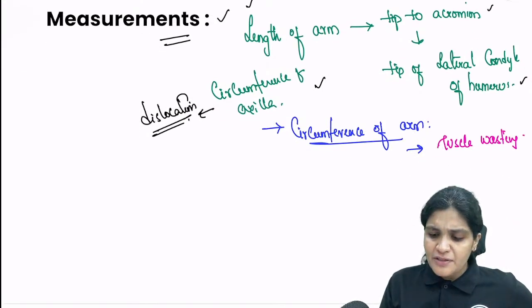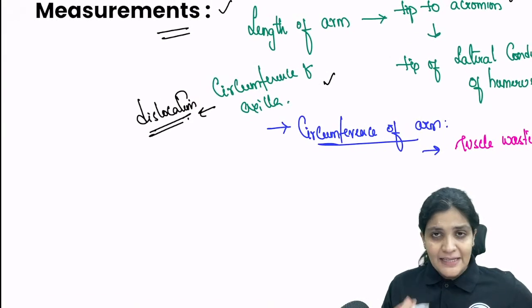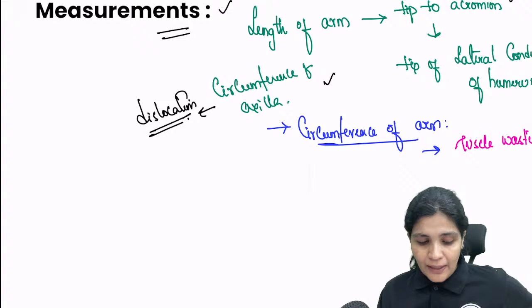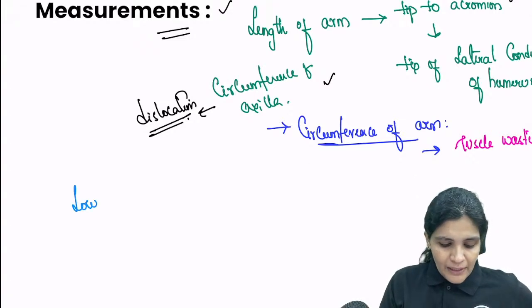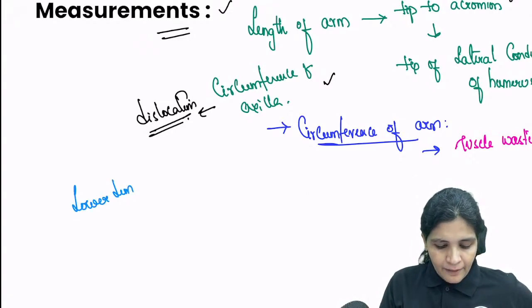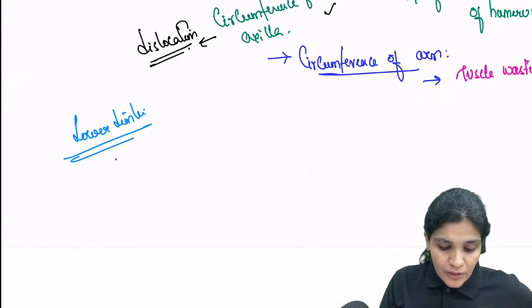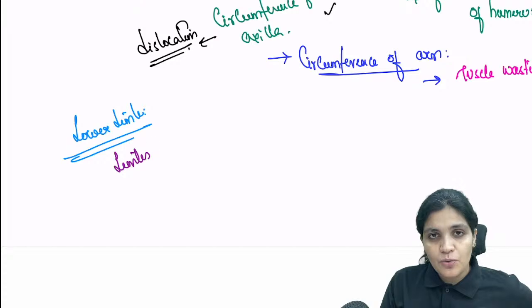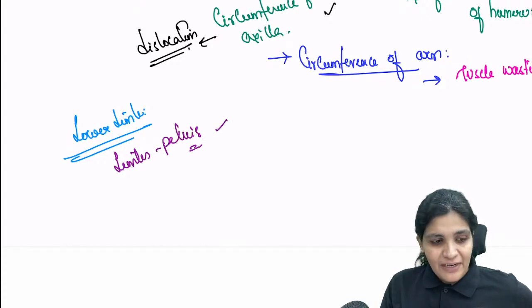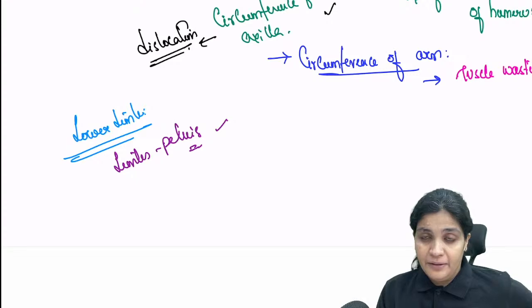But do you think these measurements actually play a role for us as they do in case of the lower limb? In case of lower limb, the length measurement is very important. Why? Because the two limbs are connected by the pelvis, and if one limb is affected, the other limb also will be affected, right?